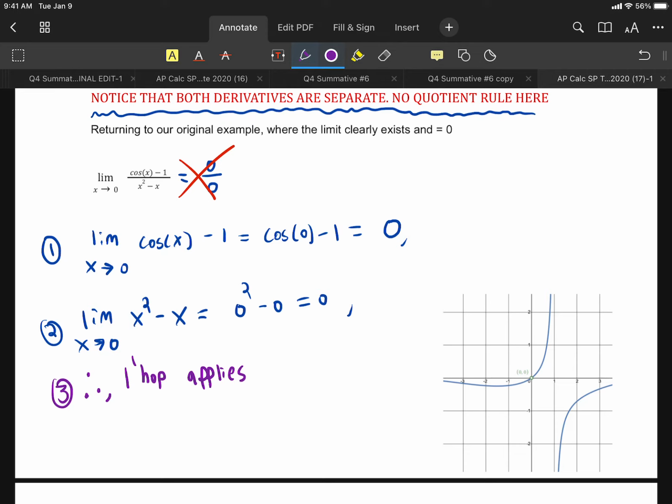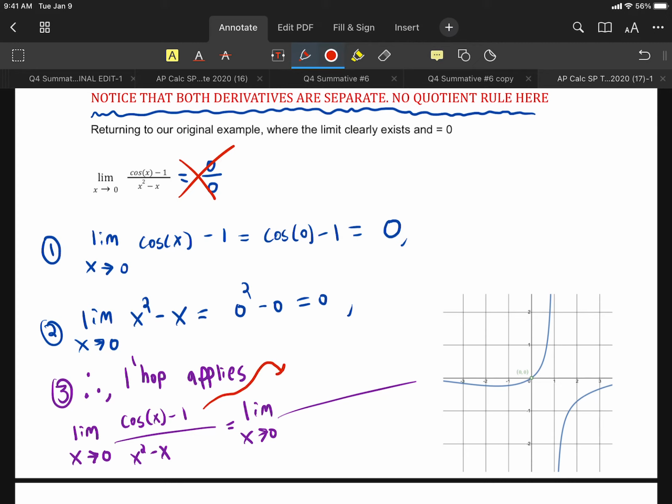And so what we can do is take the limit as x approaches 0 of the cosine of x minus 1 over x squared minus x, and I can say that this is equal to the limit as x approaches 0 of, let's take each of these derivatives.